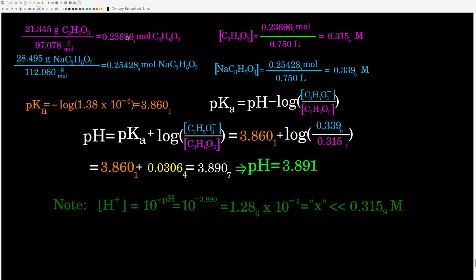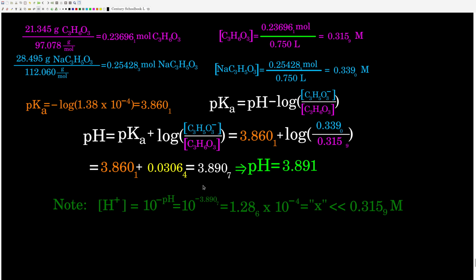We could have just taken the ratio of the moles in this case for this equation, and we would have got this. Try it, you'll get the same answer. Put these numbers in here instead of the 0.339 and 0.315, you get the same exact answer. So there's our pKa from here. There's our log of the ratio of the base to the acid, and we get the pH is 3.891.